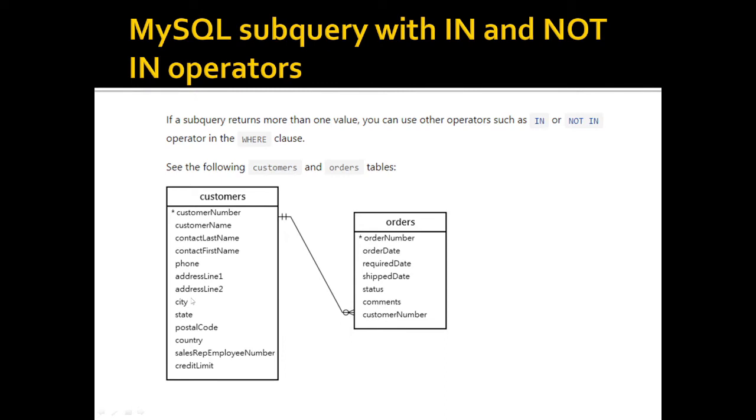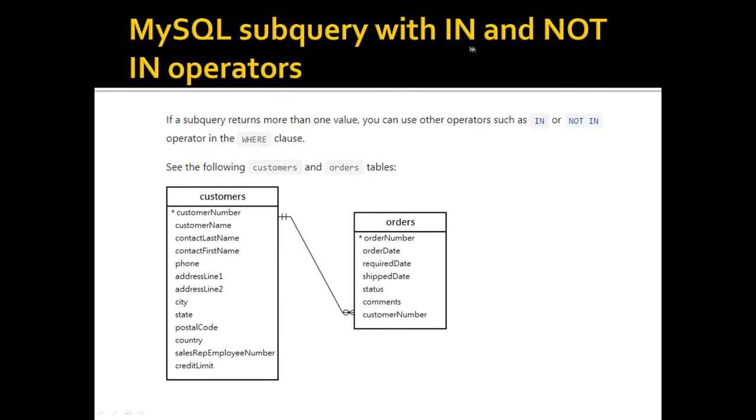So how about if our subquery will return many values? Here I have an example, but we'll have more examples maybe later in our class. So here we have the in and the not in operators. We can use these if our subquery returns multiple values.